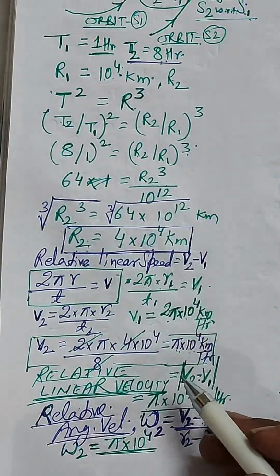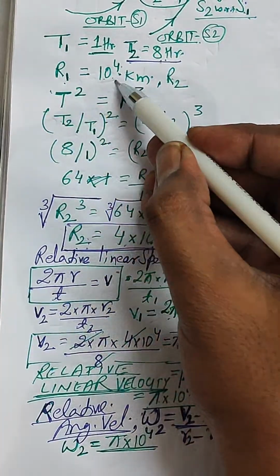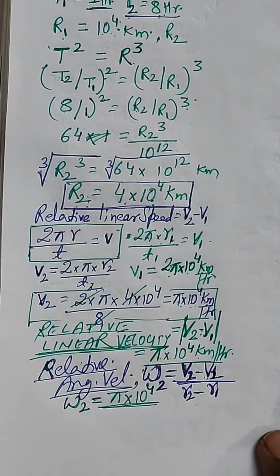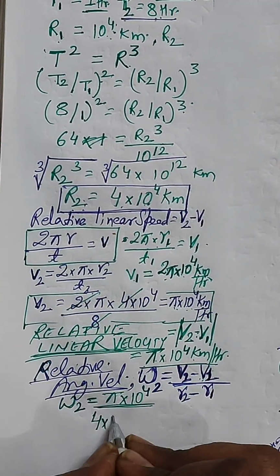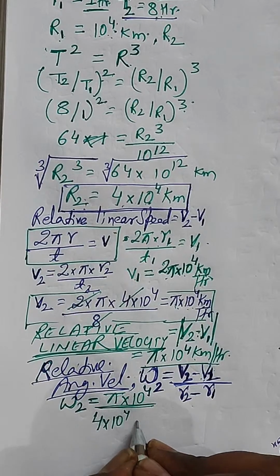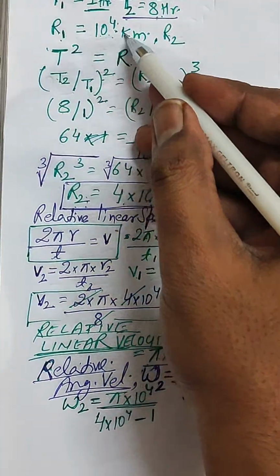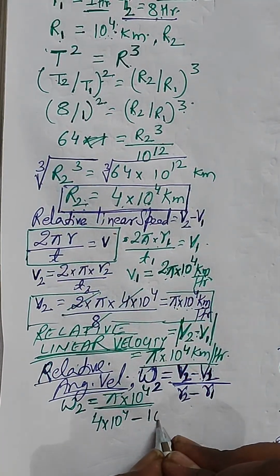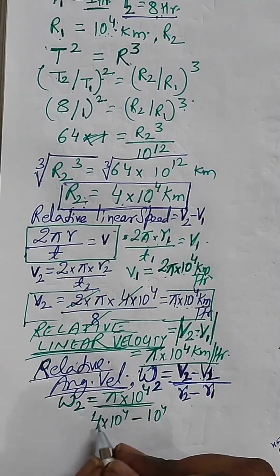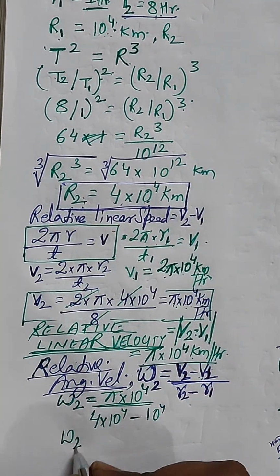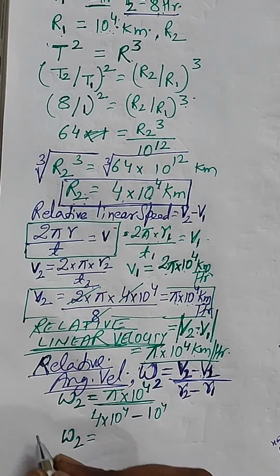What is R2? R2 we have calculated as 4 into 10 to the power 4 and R1 is 10 to the power 4, right? So R2 minus R1 is 4 into 10 to the power 4 minus 10 to the power 4. So this will give you the value of omega 2, that is the angular velocity of satellite 2.